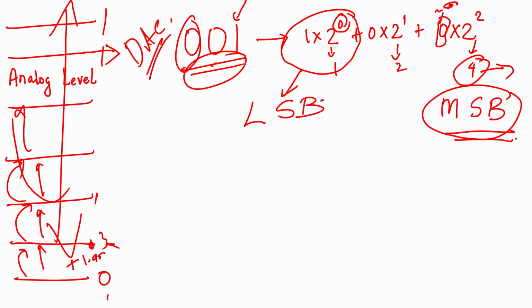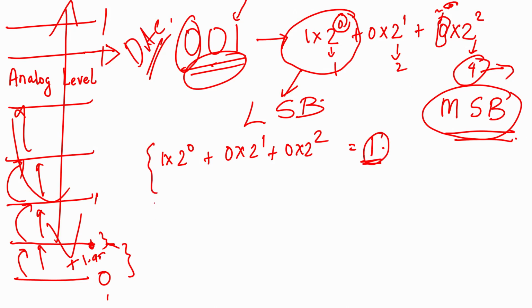So, we are doing digital to analog conversion, correct. So, now we have done this. What does this correspond to? 1 into 2 raised to 0 plus 0 into 2 raised to 1 plus 0 into 2 raised to 2. 2 raised to 0 is 1, that is 1. But what we have to do is multiply this with the analog voltage level in your system.